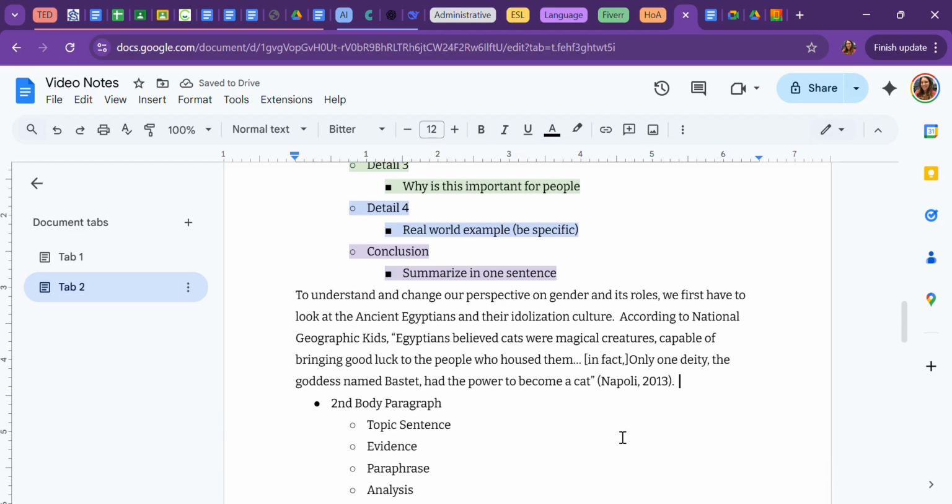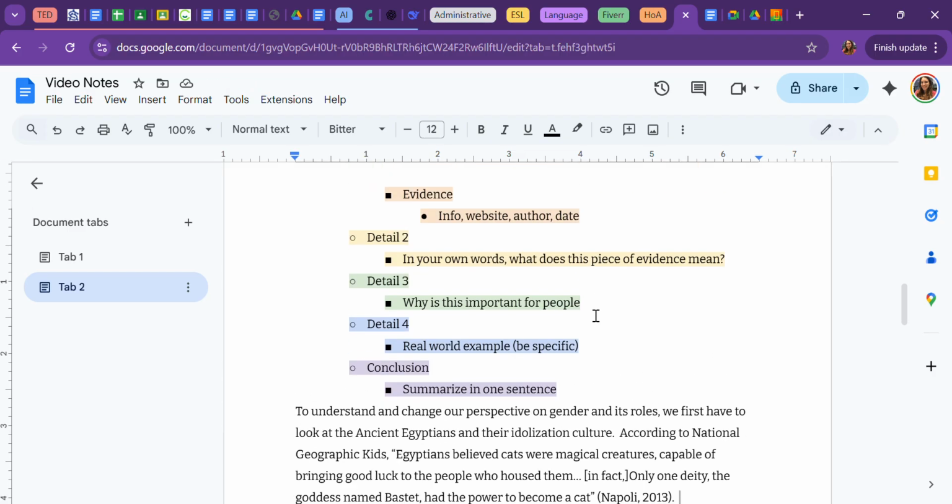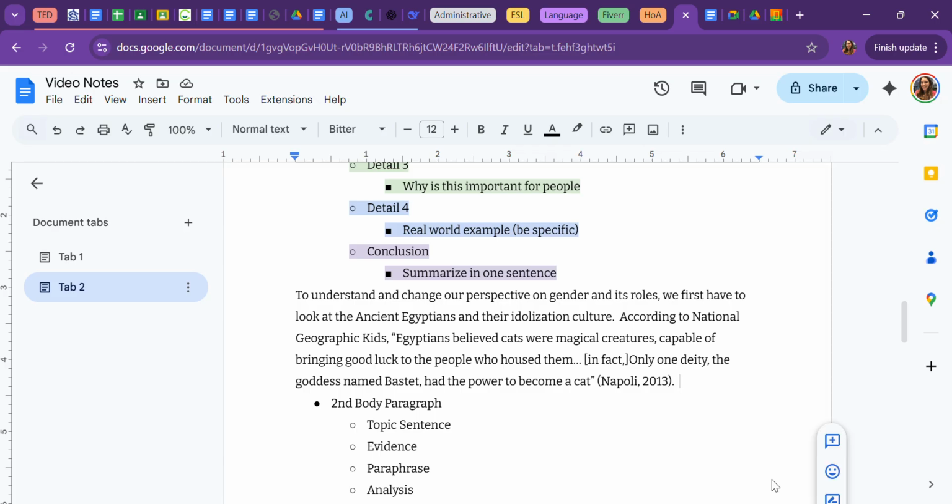Detail 2, put it in my own words. What does this evidence mean?